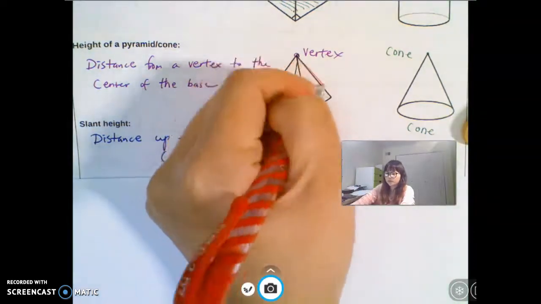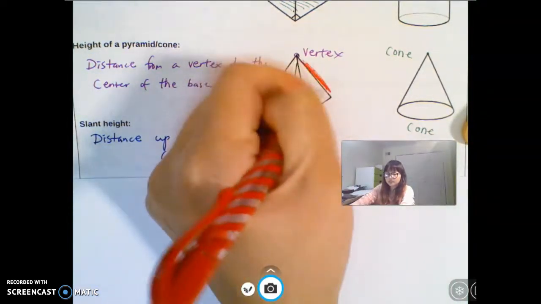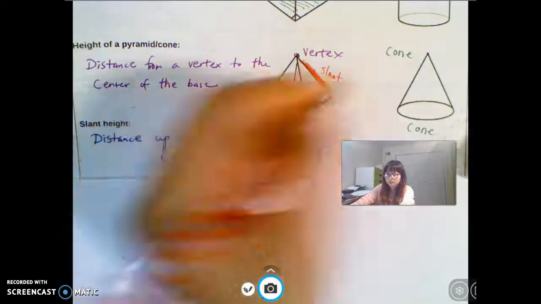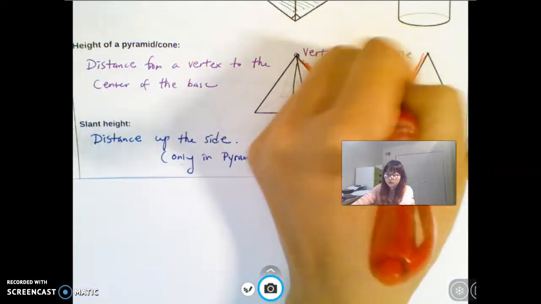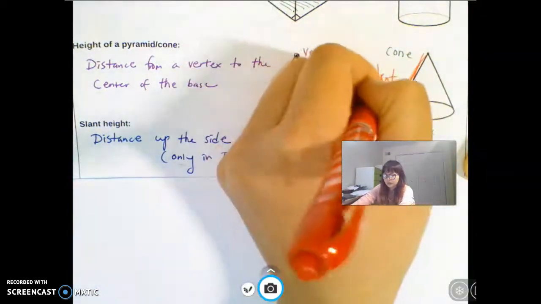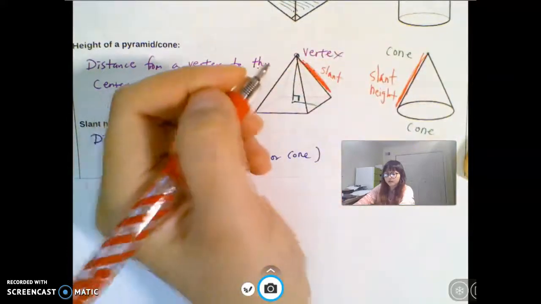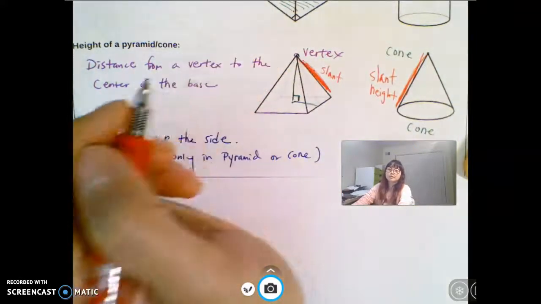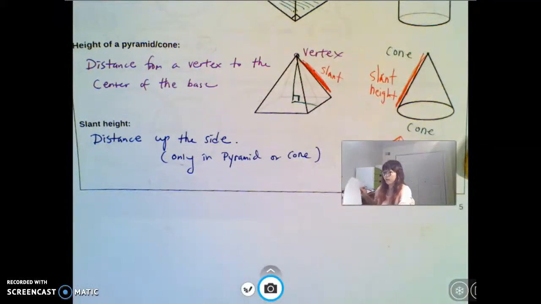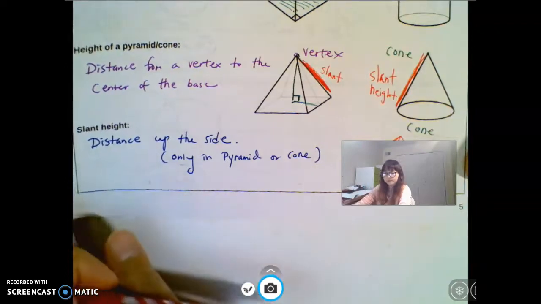It's not the 90 degrees, so it's not the height, but this would be the slant height for this pyramid, or for a cone. It's important to know what slant height is because to figure out the area, sometimes we need to use slant height for cones. That was everything that goes under note page 4 or 5.